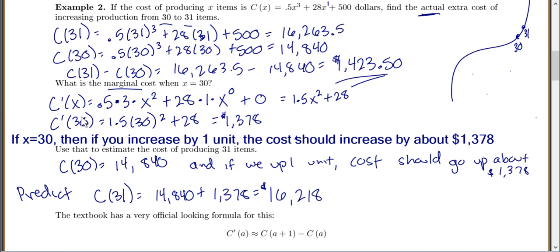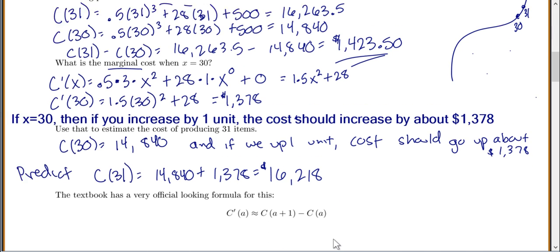Or they're saying C prime of 30 is about the same as C of 31 minus C of 30. This sounds very formal. They write this out for cost, profit and revenue. You don't need to memorize these formulas. Instead, you should just remember what the derivative means. The derivative always means if you go up by 1 in x, y should go up by whatever you get for your derivative. And from that, you can do all the problems without messing with complicated looking formulas.